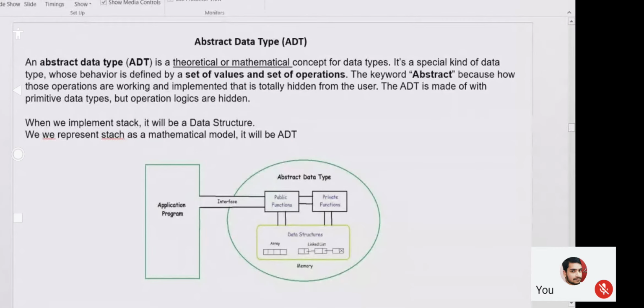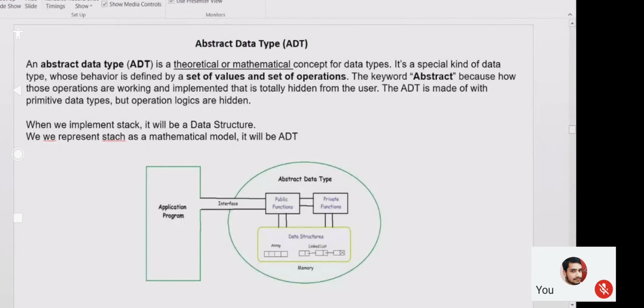So the ADT is basically implementation independent. That means the keyword abstract, because how those operations, push, pop, display, peep and all are working and implemented, is totally hidden from the user. Here we'll only create a mathematical model or theoretical analysis of a problem.